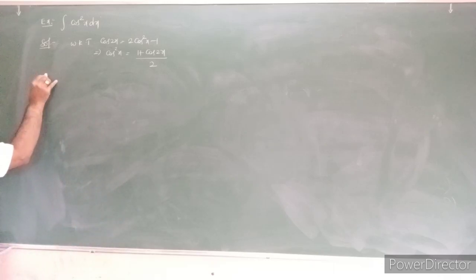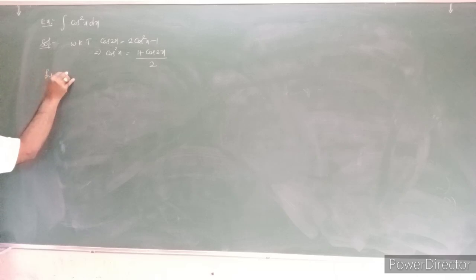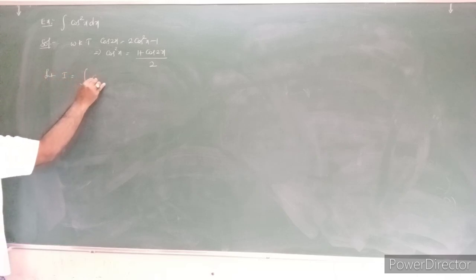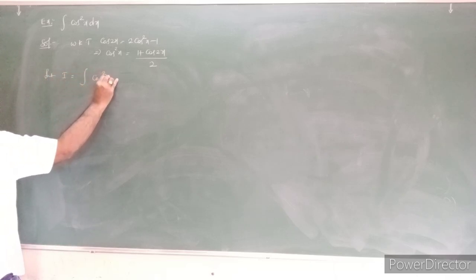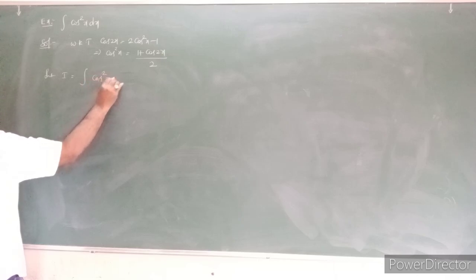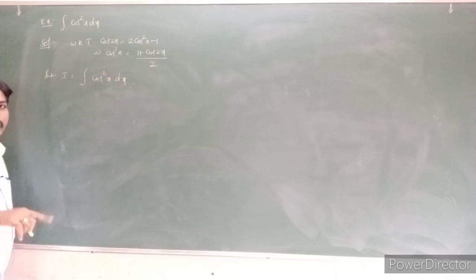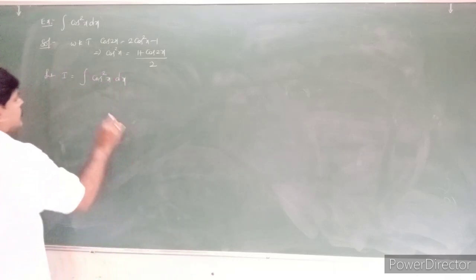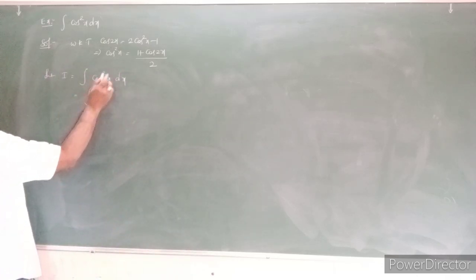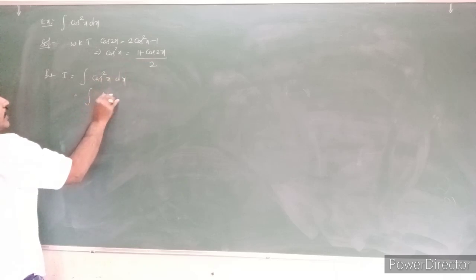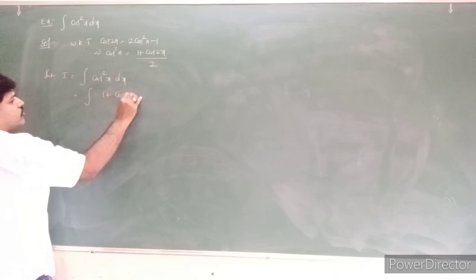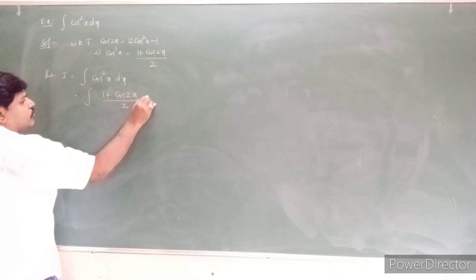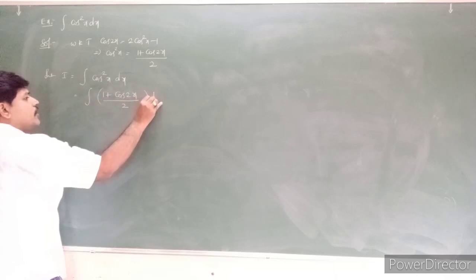So see the problem. Let I be the integral of cos square x into dx. That is equal to the integral of 1 plus cos 2x by 2 into dx.